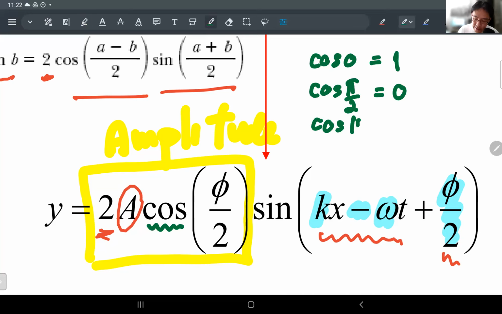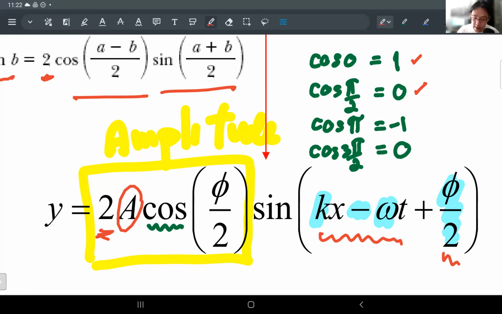Cosine pi is minus 1. Cosine 3 pi over 2 is 0 again. Once you complete one round, cosine 2 pi is back to 1. What we are really interested in is just the extreme cases, 1 and 0. Negative 1 is the same thing as 1 because it eventually goes back and forth between 1 and minus 1.